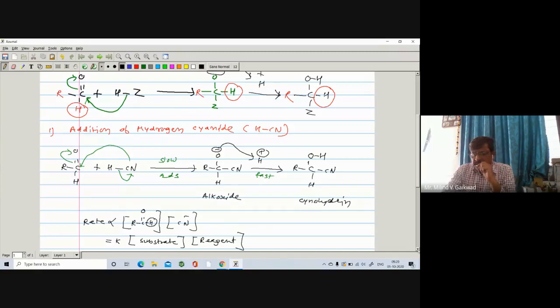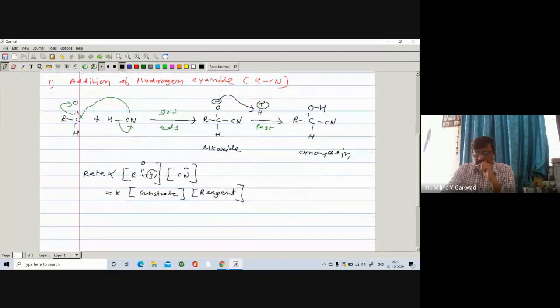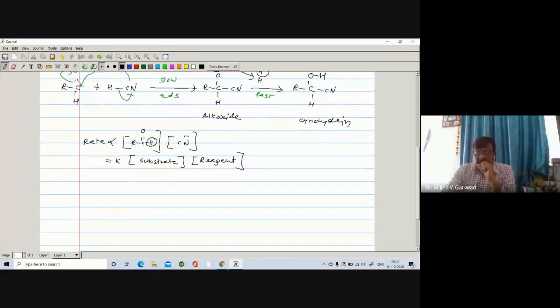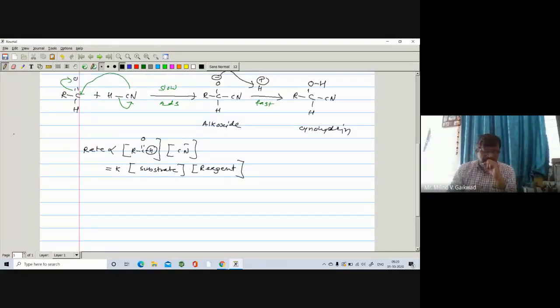So we'll write an example. In the example, we can replace this R by any other R group. Here I put this R as benzene, and we'll make its example.